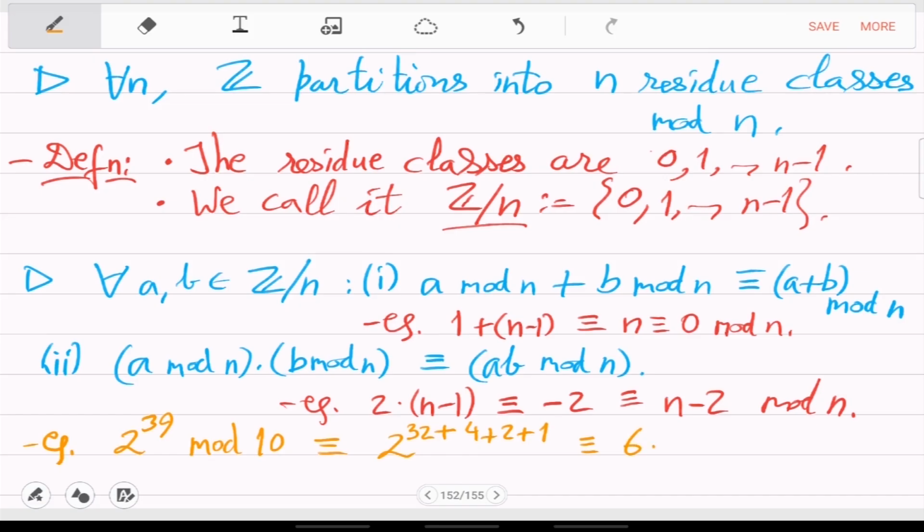And 2 raised to 4 was also 6. So we can actually club both of them and still get 6. So what remains is then 2 square and 2 1, which will be 6 times 8, which will be 8.